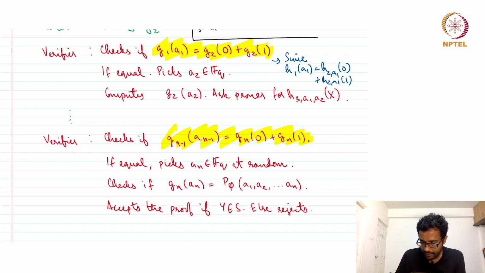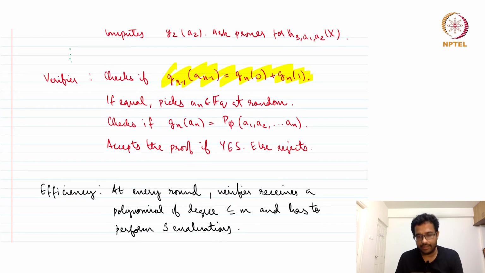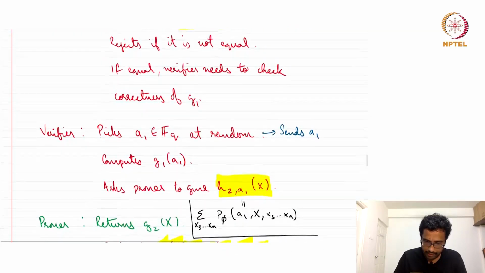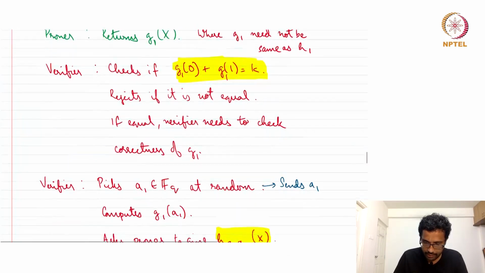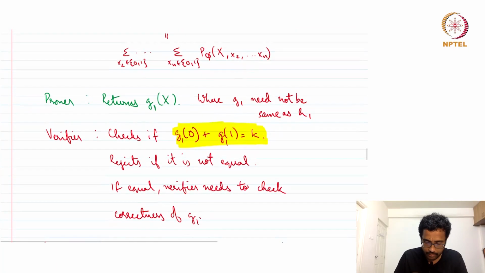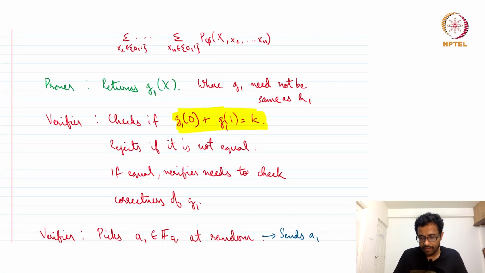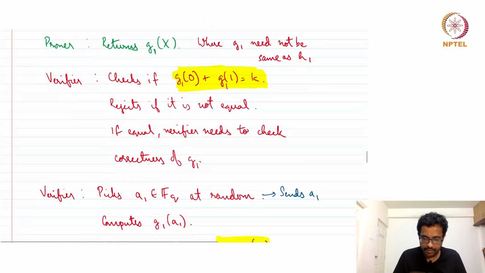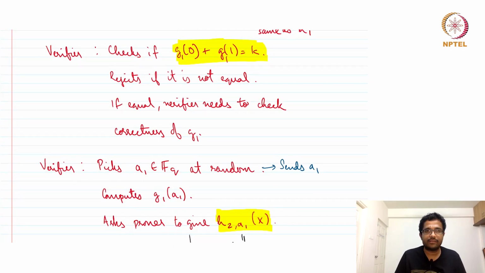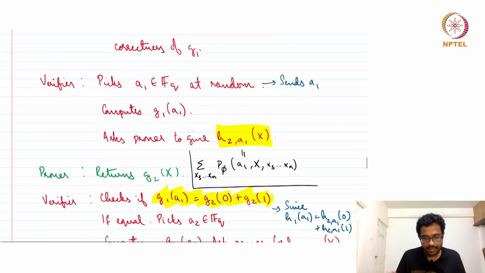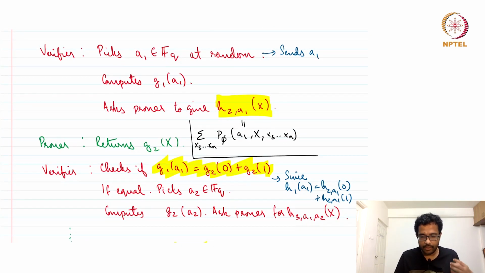If all of this is fine, then the verifier accepts, else the verifier rejects. How many rounds, maybe n or n plus 1 rounds, and the only thing that the verifier needs to send is just the random values A1, A2 and so on. Nothing else needs to be sent, because the prover knows that the verifier is asking for this polynomial H1, H2 and so on.